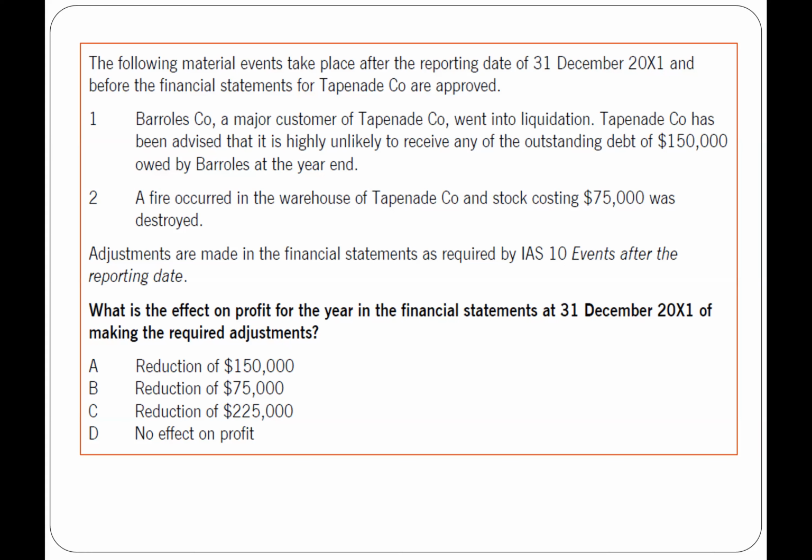But by the end of the year, this stock was still there, which means you don't need to go and change anything, but we simply need to go and disclose that 75,000 of the stock that we had was actually destroyed by fire. So this is an example of a non-adjusting event, which means the only amount that affects our profit is the 150,000. So our answer becomes a reduction of 150,000.